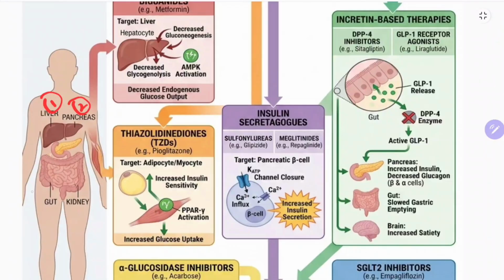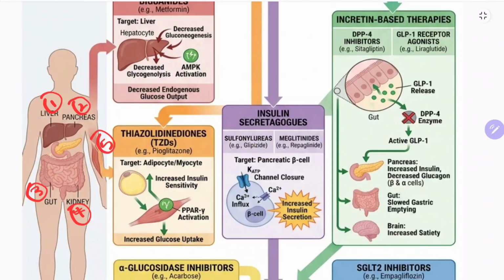Number 3, the gut: GLP-1 receptor agonists or incretin modulators. Number 4 is kidney, SGLT2 inhibitors. Number 5 is skeletal muscle, those which increase insulin sensitivity, like thiazolidinediones. So these are the 5 groups of drugs.